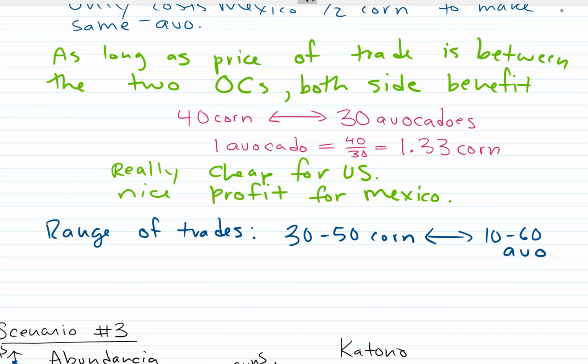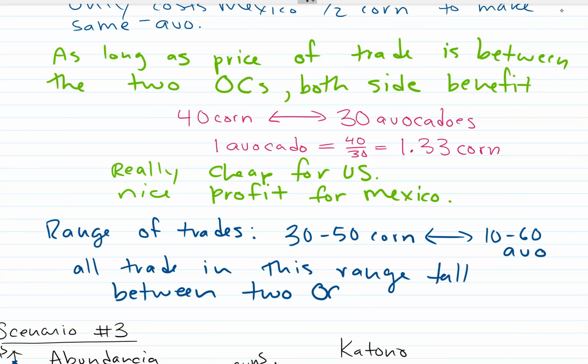The opportunity cost is the key, because as long as there's a gap between the opportunity costs, it gives us a chance to make a trade that benefits both sides. All trades in the range between the two opportunity costs work. You can pick another one and calculate, and you'll see it ends up falling between the two.